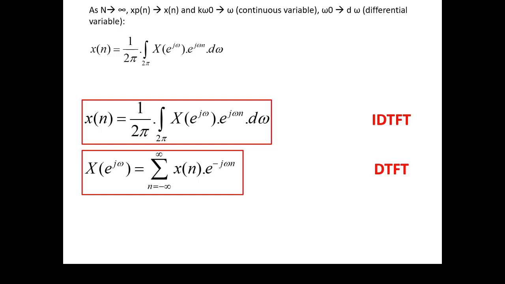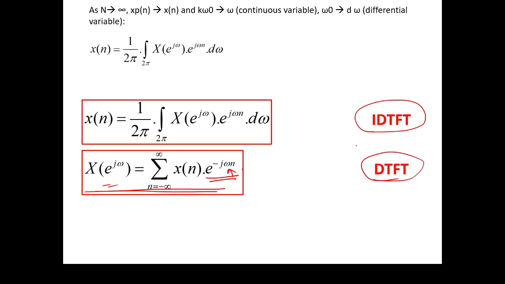Over here also we have the discrete time Fourier transform and the inverse discrete time Fourier transform equations. In the DTFT equation, you have an addition of complex exponentials of different frequencies.